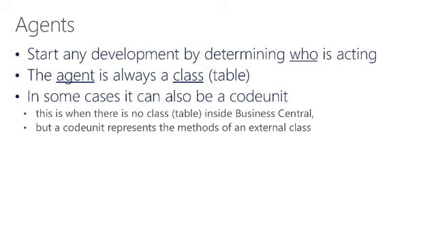So the first thing you do is you determine any development, any business requirement by determining who is acting. And we call this the agent. And so the agent in development is always a table.